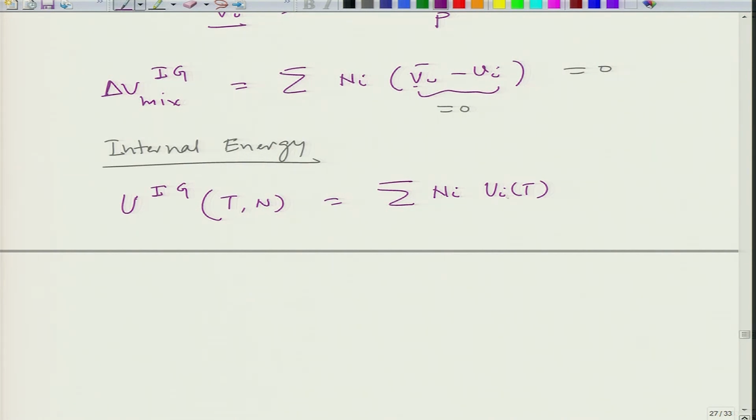Now, it is straightforward to obtain the partial molar internal energy, which is nothing but u_i(T), because this is del U by del N_i. So, clearly U_i bar ideal gas is equal to u_i(T).